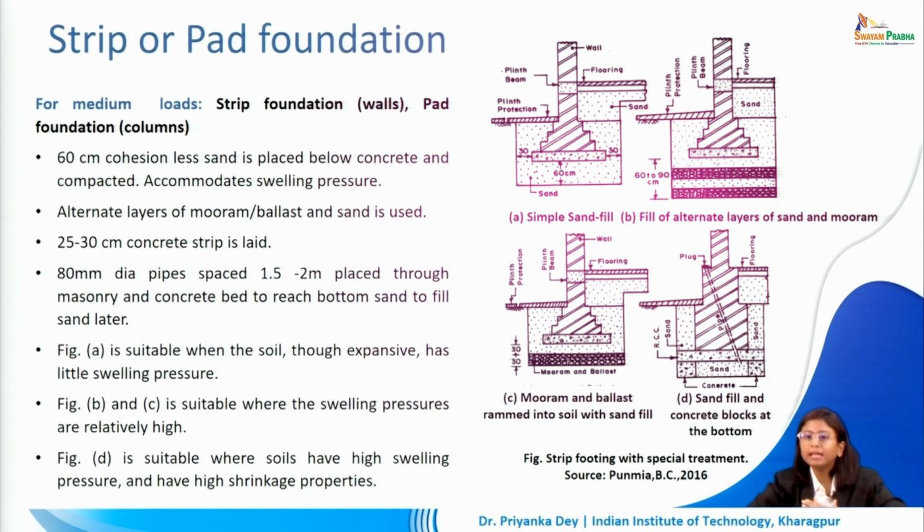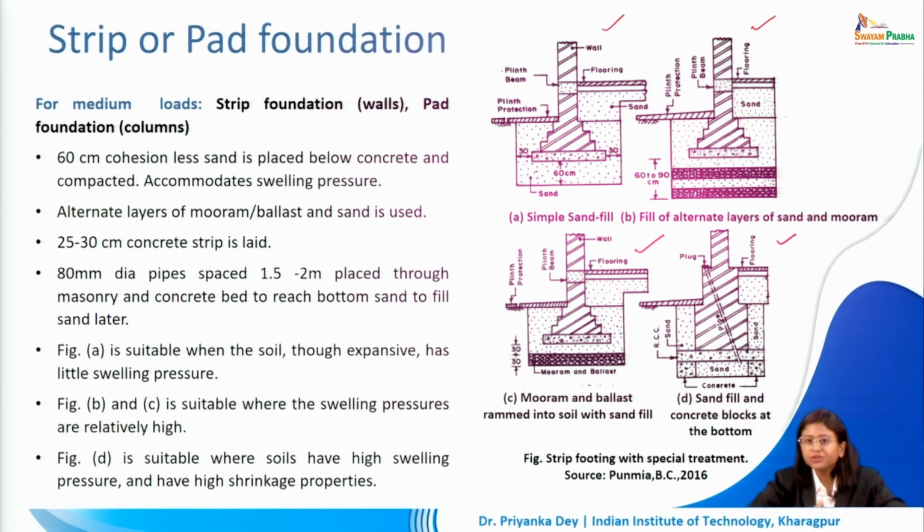Now this helps us to accommodate the swelling pressure which is created in the soil due to the seasonal moisture content change. Now here we can see some examples of figures which depicts how black cotton soil footing can be designed. We will discuss that.